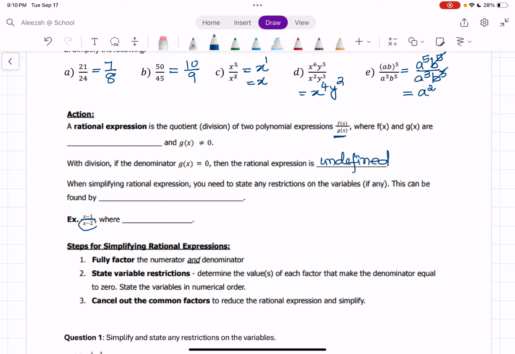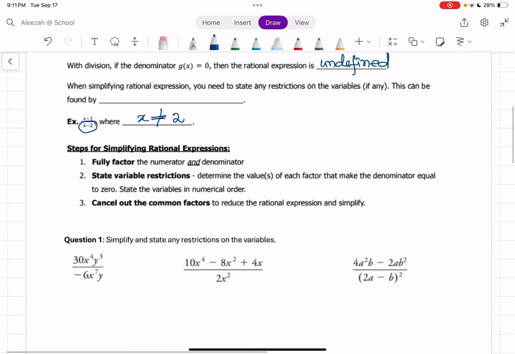So just look at the denominator here, x minus 2. We have to figure out what makes it 0. If we take x as 2, it will be 0, right? So the restriction for this rational expression will be x is not equal to 2, because if x equals 2, then the denominator will be 0. So that is what is meant by the restriction.